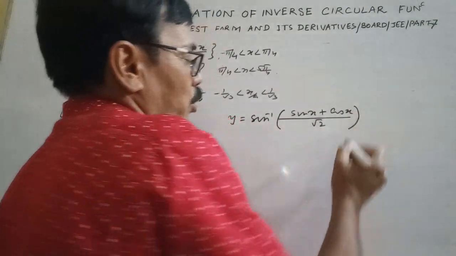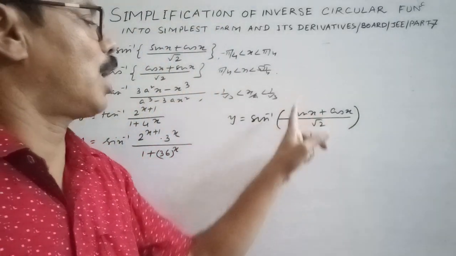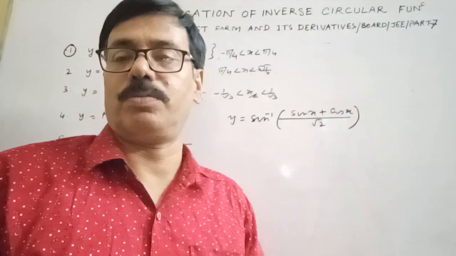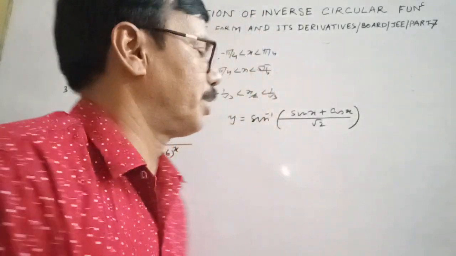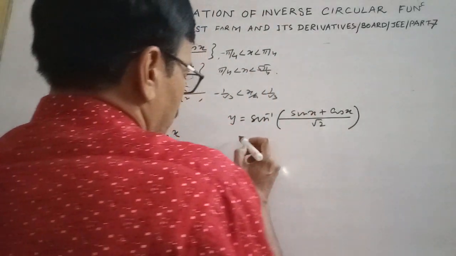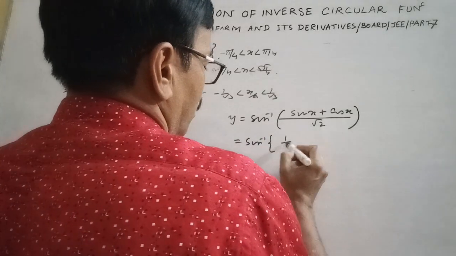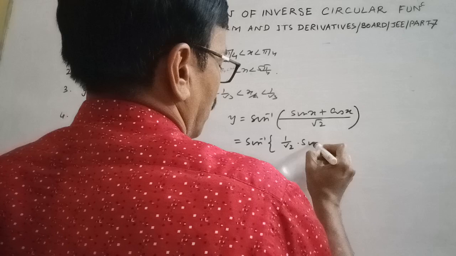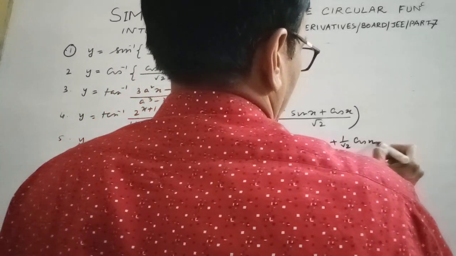So our main aim will be, since it is sin inverse, to put the argument in terms of sine using concept of trigonometry. Now this one is very simple. So try to recall: 1 by root 2 sin x plus 1 by root 2 cos x.